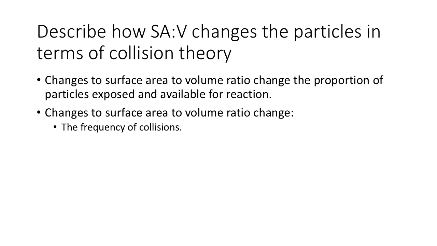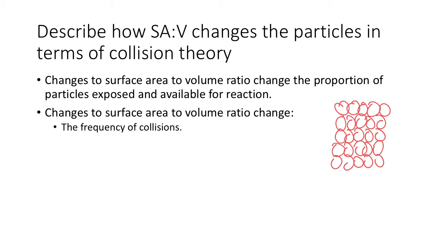Changes to surface area to volume ratio change the proportion of particles exposed and available for reaction, and this changes the frequency of collisions. So let's start drawing some stuff out. Imagine I have a block of reactants here.